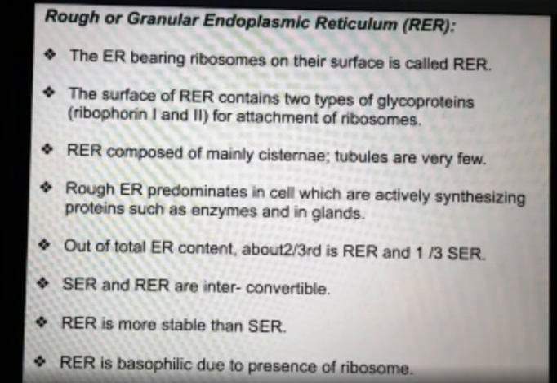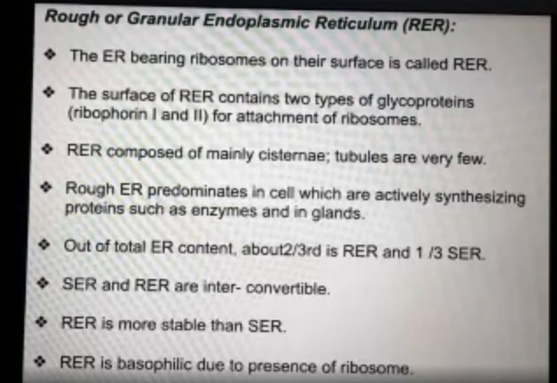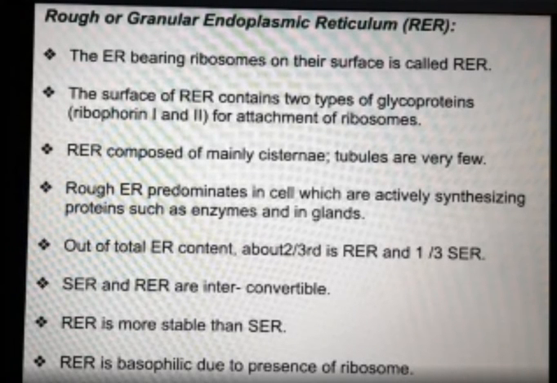Smooth and rough endoplasmic reticulum are interconvertible. Whenever the cell is required, or there is a signal that a certain kind of protein and enzyme has to be formed, then the cell becomes active and smooth endoplasmic reticulum can be converted into rough endoplasmic reticulum as the appearance of ribosomes occurs.